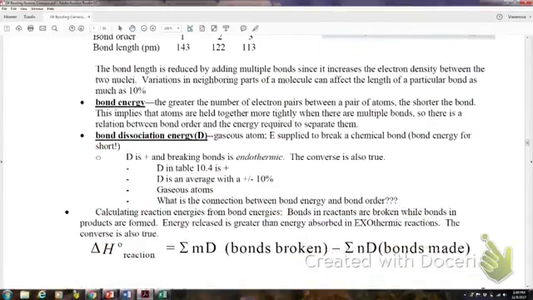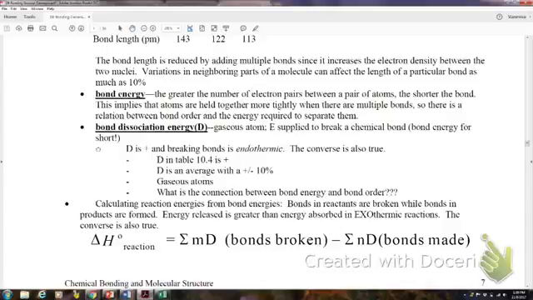The bond dissociation energy is the energy supplied to break a bond. Basically, it's bond energy for short. Remember that when we form bonds, what are we doing? Is energy being released or absorbed? When you form bonds, it's being released. Therefore, it takes energy to break them. Okay?